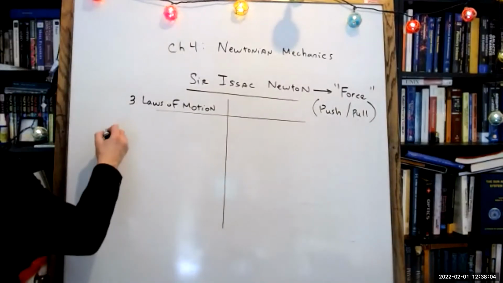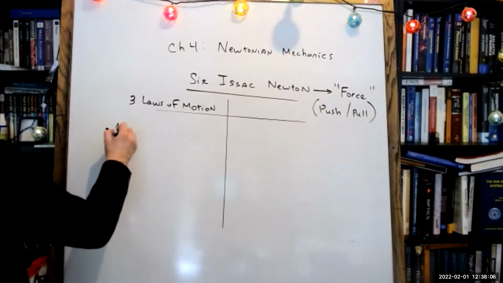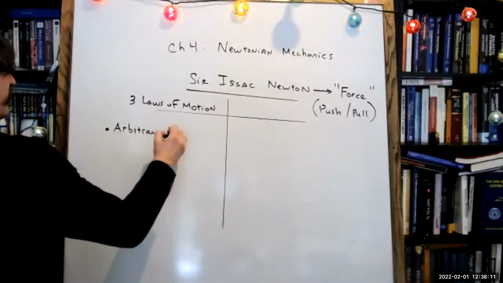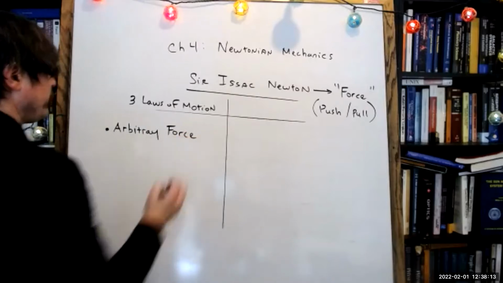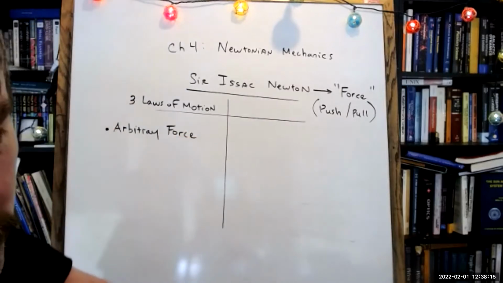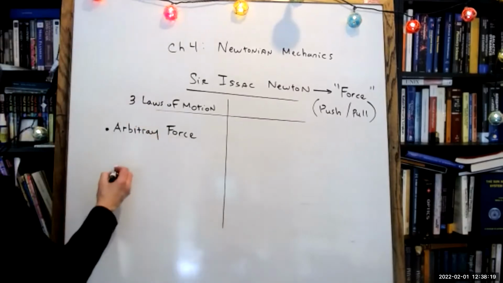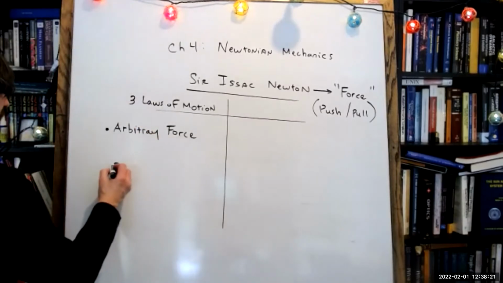So his 3 laws of motion describe how bodies move when they are subjected to an arbitrary force. In other words, once you learn the 3 rules, if you carefully apply them, you can work out very complex problems.